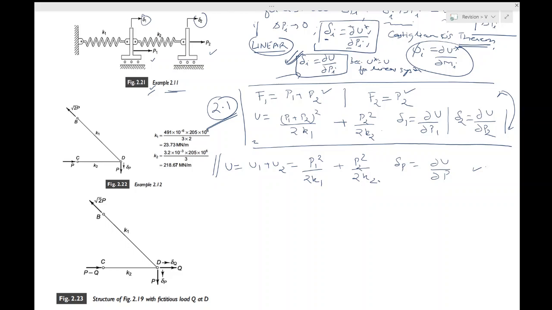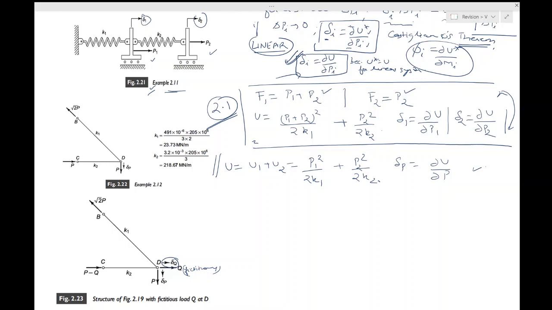The answer is no. In this case, for example, you want to find the horizontal component, delta Q, and the way you proceed is this: you include a fictitious force Q, like this, then apply Castigliano's theorem, and later on put Q equal to 0. That way you can find delta Q.